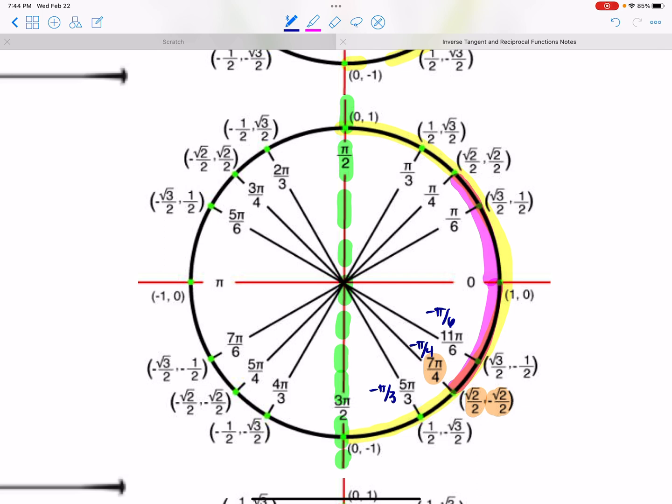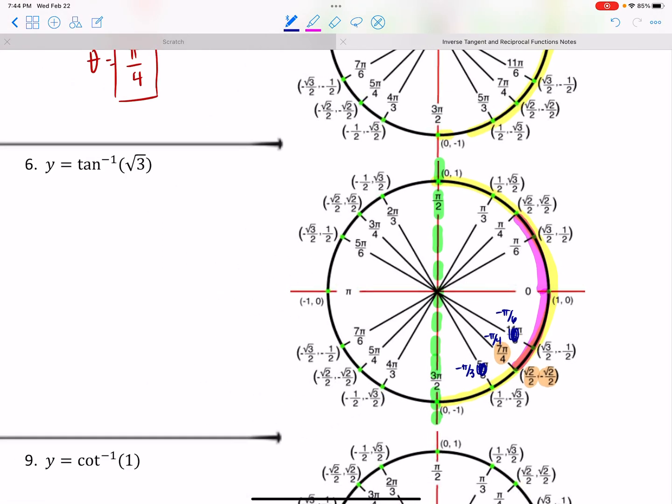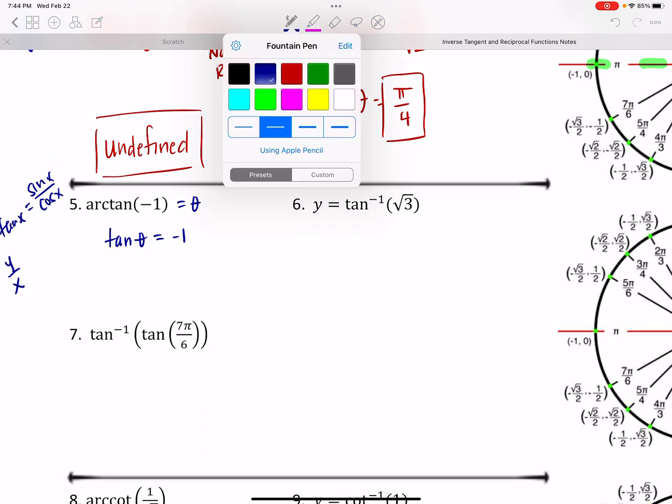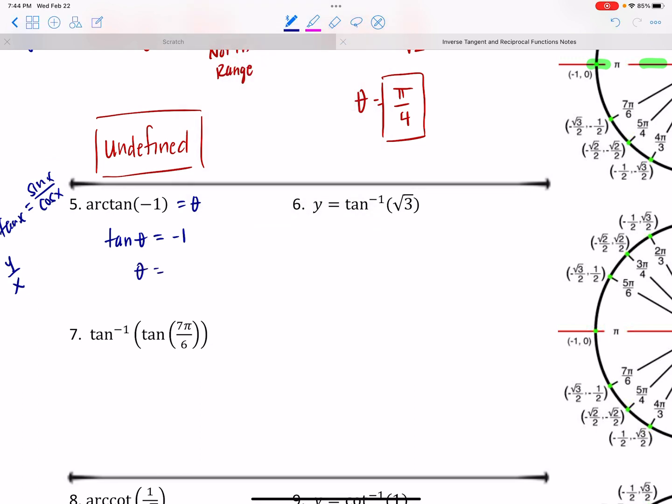If you wanted to use this better as reference later, just scribble those out and put the proper angle measurements in there, and we'd be good. So for this one, our angle is negative pi over 4, because 7 pi over 4 is not in range.